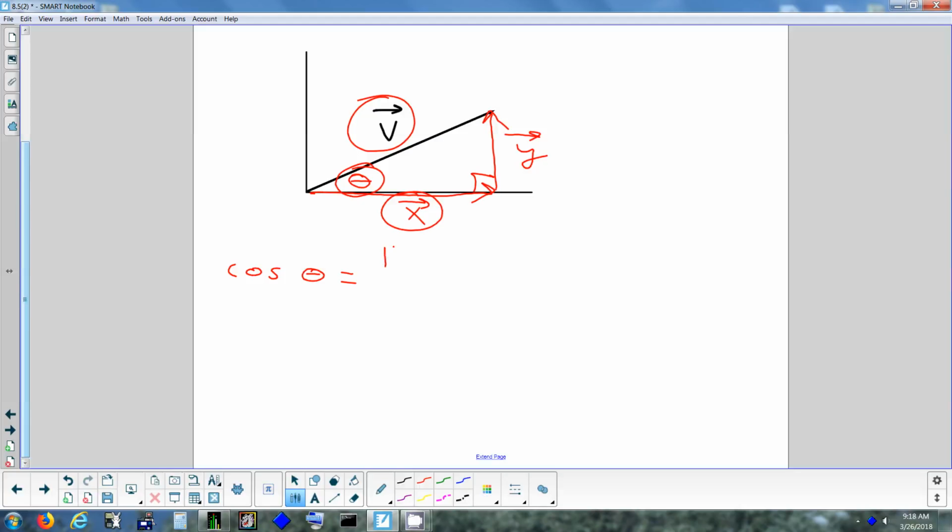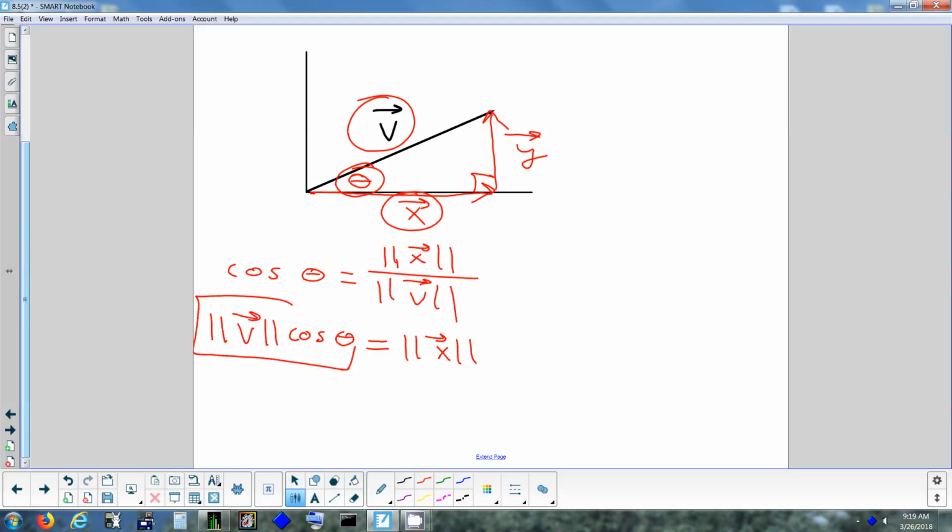So the cosine of theta is the magnitude of the adjacent over the magnitude of the hypotenuse. And now my goal is to get x by itself. So we would multiply each side by the magnitude of v. Okay. So now we've just created a formula for the horizontal component. It's the magnitude of v times the cosine of theta.